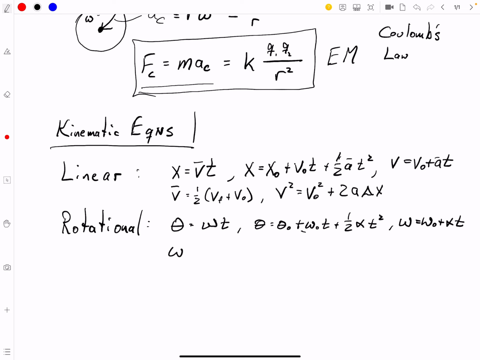We had omega average is equal to 1/2 omega final plus omega initial. Omega squared is equal to omega naught squared plus 2 alpha delta theta. And then we had the relationships between linear and our radius.